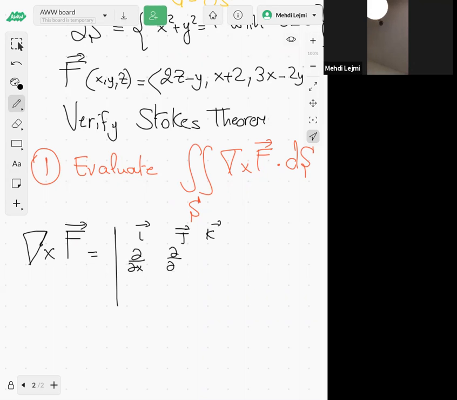We use the curl to check if the vector field is conservative, right? So you know how to compute this curl of F, at least it was in homework number 5.